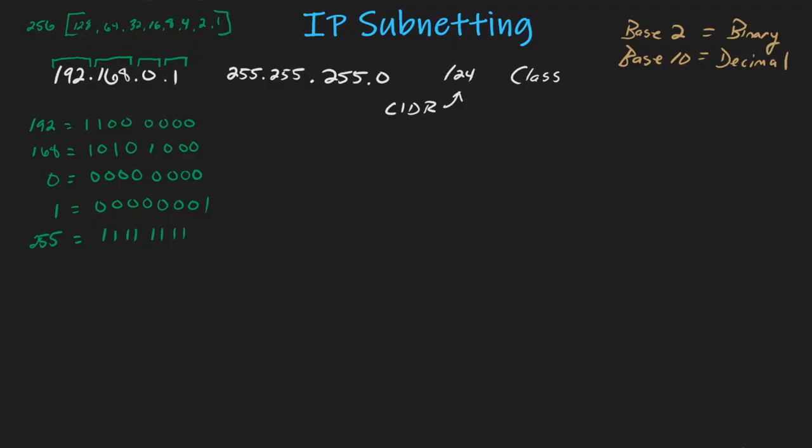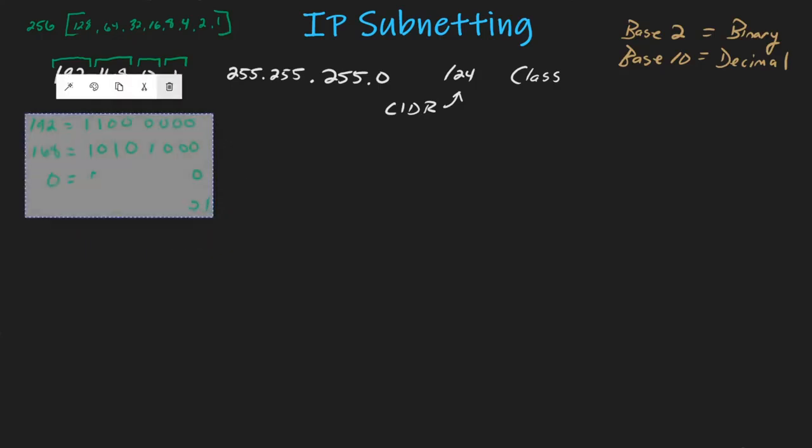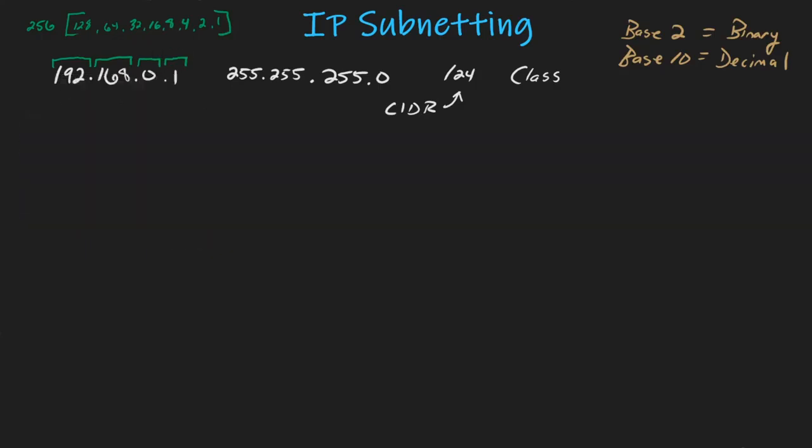Now, what I'd like to do here is we're going to go ahead and erase this. And I'm going to go ahead and write out the full IP address and the full subnet mask, as tedious as that's going to be, so that way we can reference them.